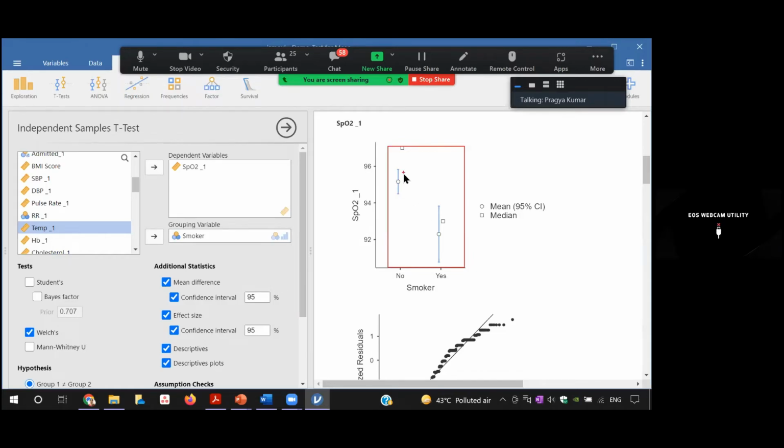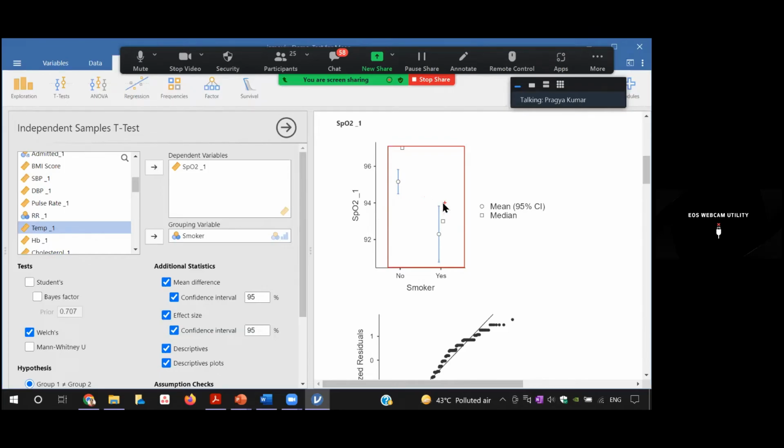Can you see this descriptive plot? If it is highly significant, then none of the values overlap, because this is the mean and this is the confidence interval. They will be entirely separate. It has ended up till this, and then this value has started. So if there is no overlap of the values, then you can say that it is highly significant.